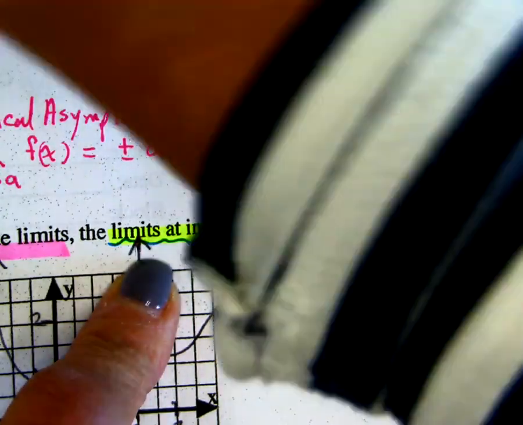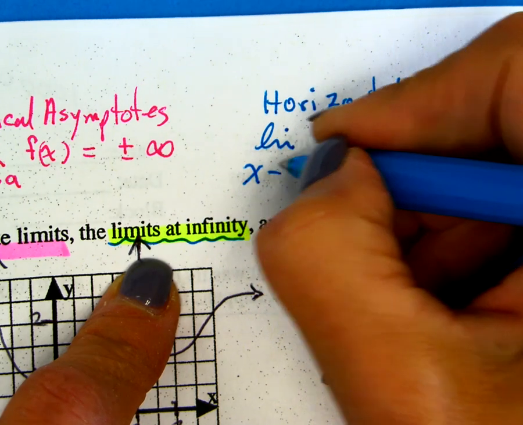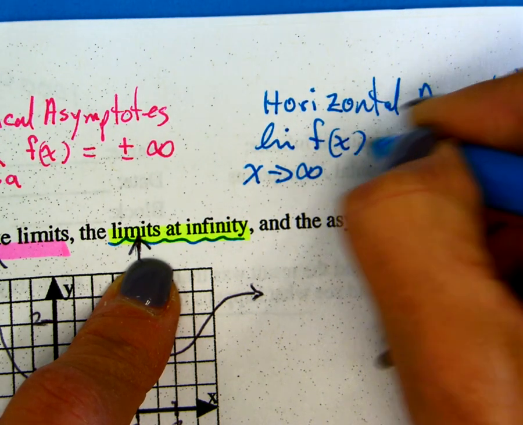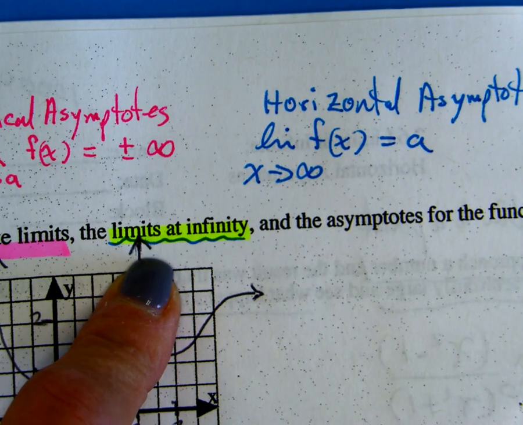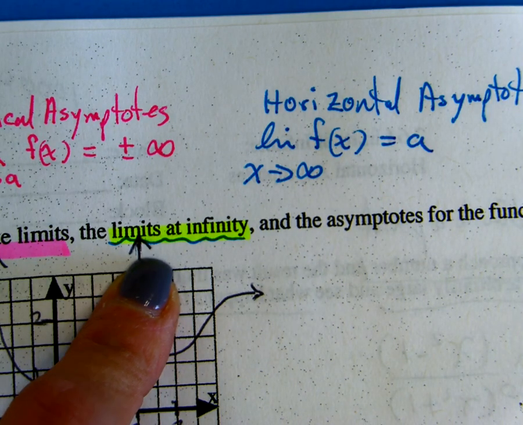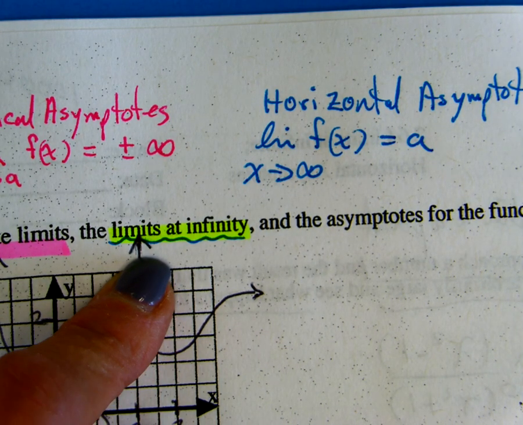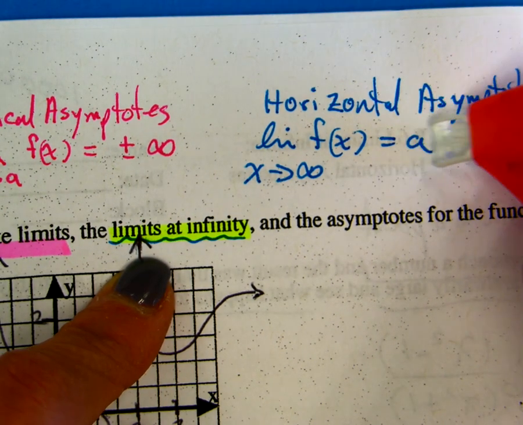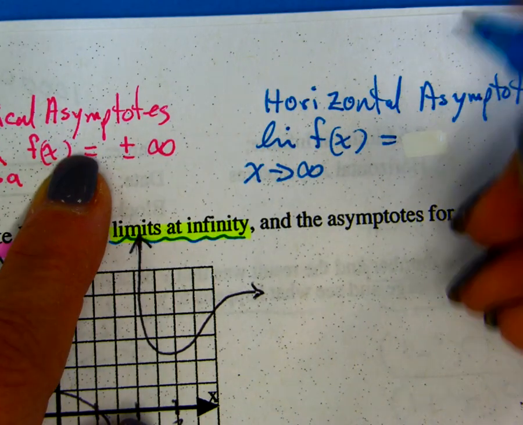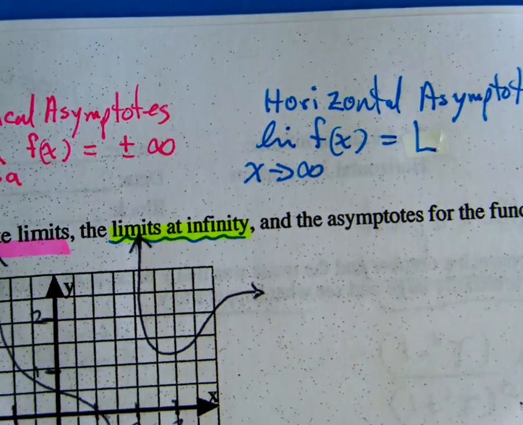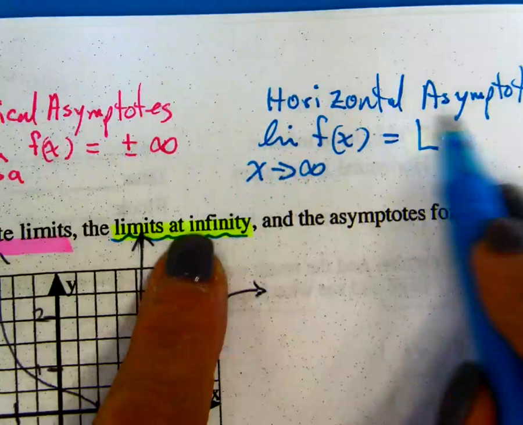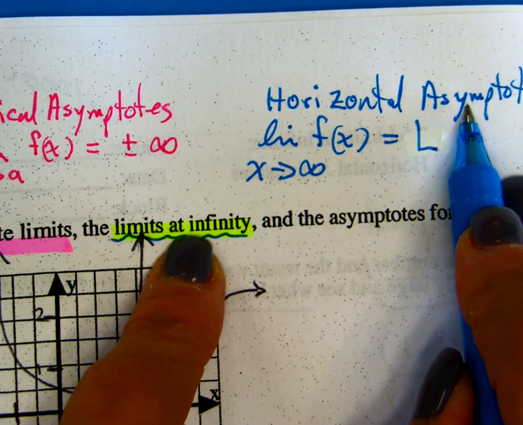We get a horizontal asymptote when the limit as x approaches positive or negative infinity of a function is equal to some value.